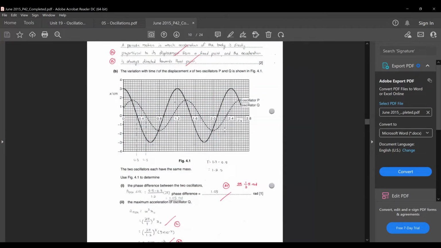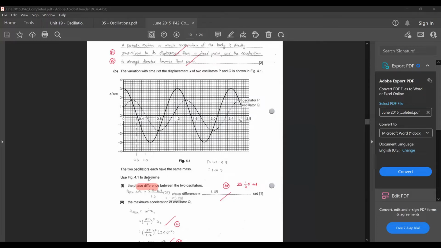Finding the phase difference between two oscillators is something that you learned in AS physics waves. When finding the phase difference between two waves, you always need to pick two similar points and then compare with respect to one full cycle. If you look at the diagram, this is considered one full cycle, which is t equals 1.2 seconds.